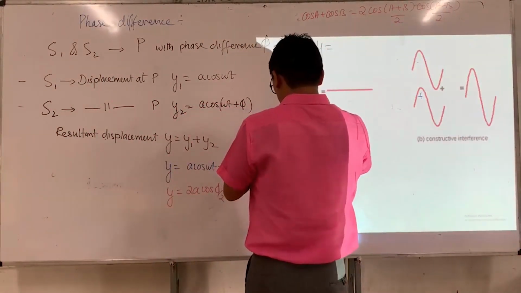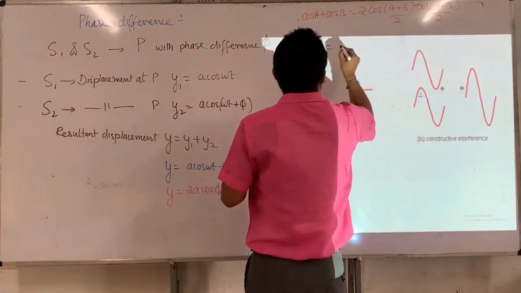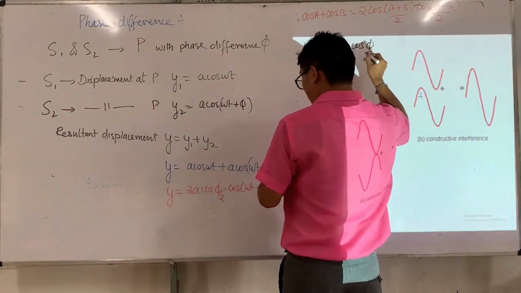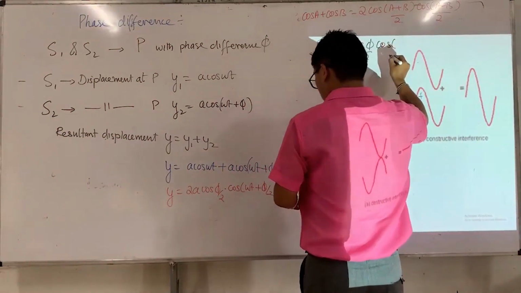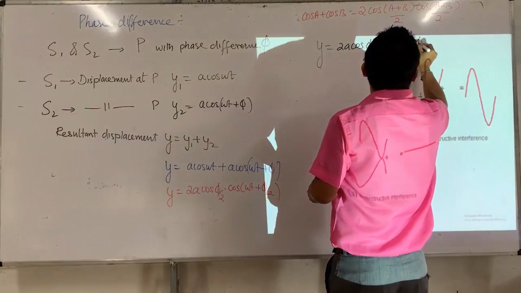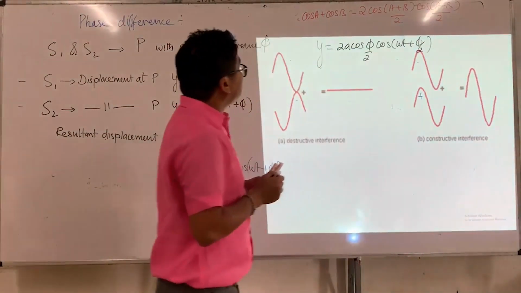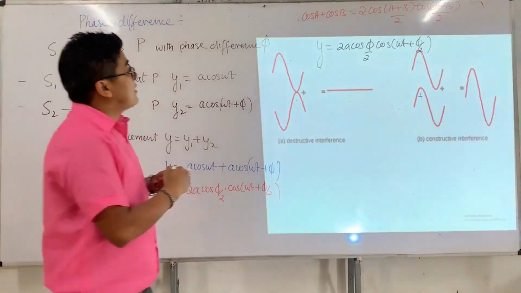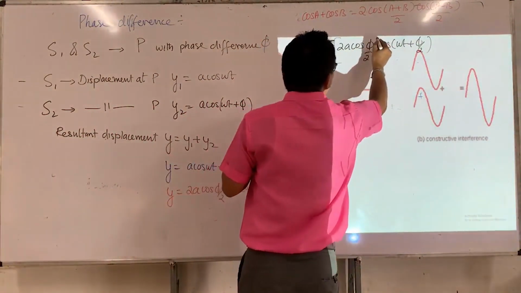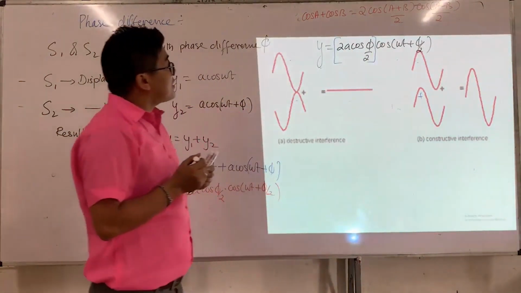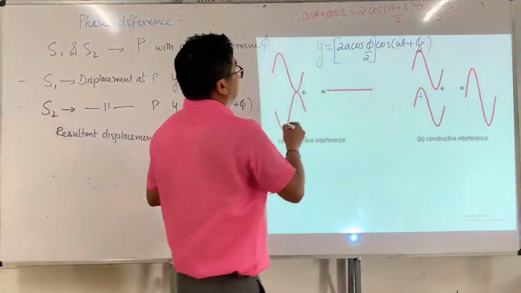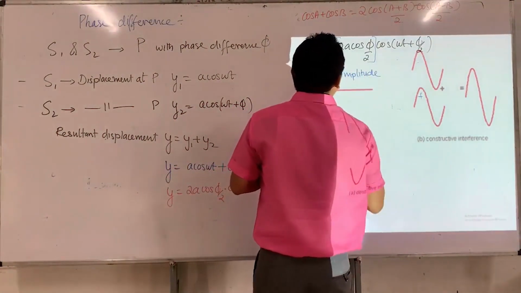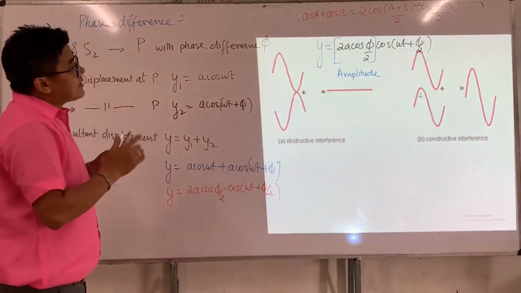Y is equal to 2A cos (phi by 2) cos (omega t plus phi by 2). This is the resultant displacement. Alright. Now this term, 2A cos (phi by 2), is the amplitude.